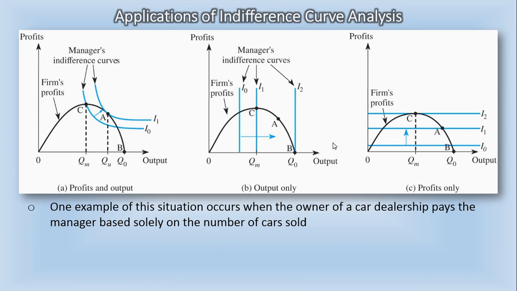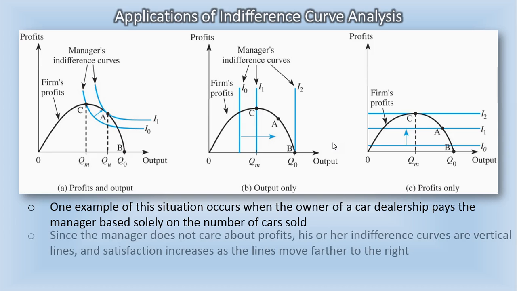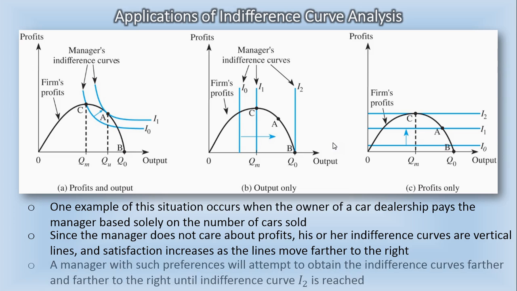One example of such a situation occurs when the owner of a car dealership pays the manager solely based on the number of cars sold. That creates an environment where the manager is only interested in the amount of sales, output in this case, because that's the only thing that affects her income. Since the manager does not care about profits, her indifference curves are vertical lines, and satisfaction increases as the lines move farther to the right.